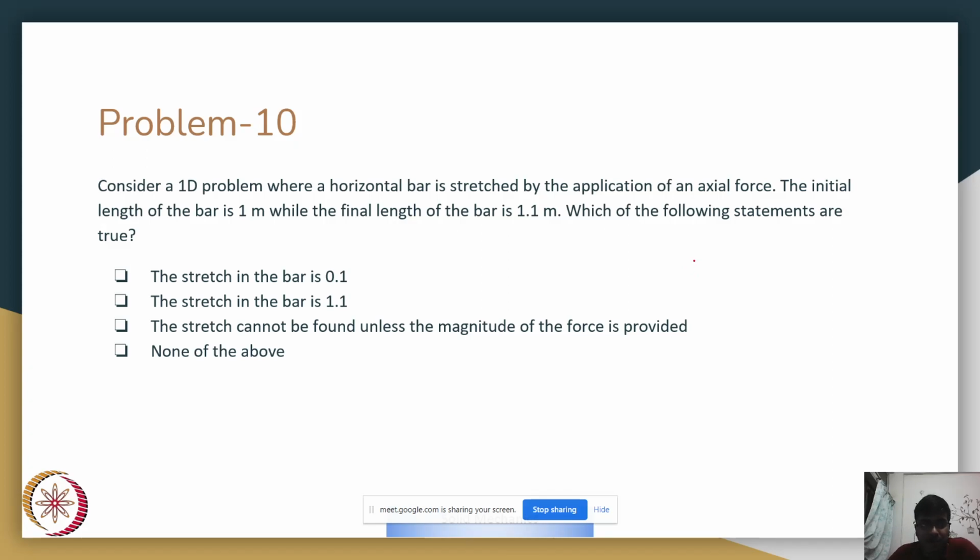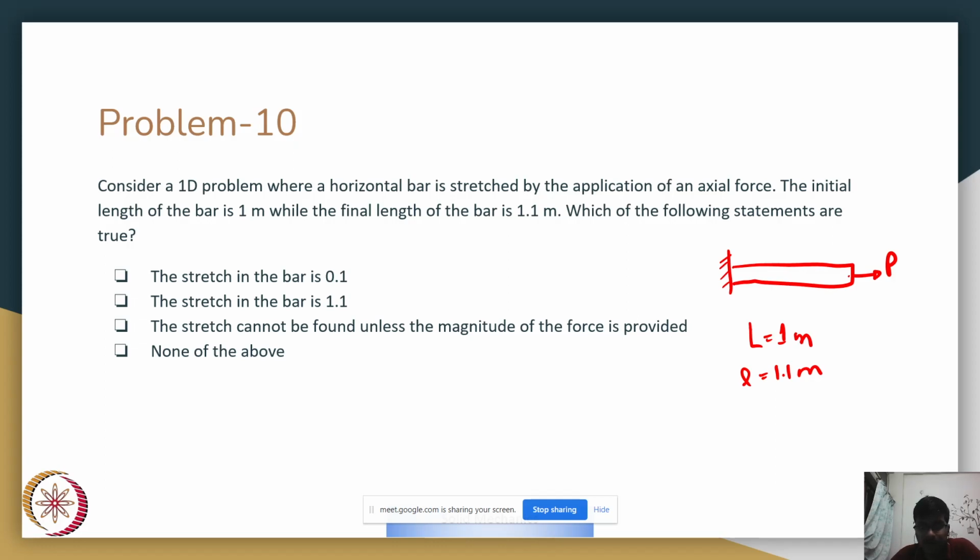The last problem for the day. Consider a 1D problem where a horizontal bar is stretched by the application of an axial force P. The length of the bar was initially 1 meter and the final length of the bar is 1.1 meter. Which of the following statements are true?